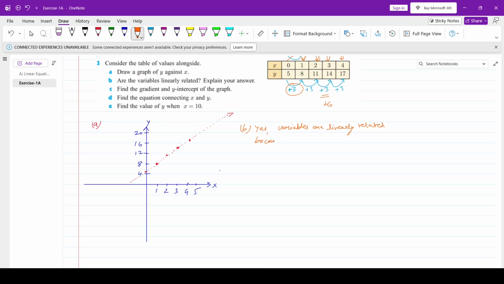Because for every plus 1 unit change in x direction, there is plus 3 units change in y direction.